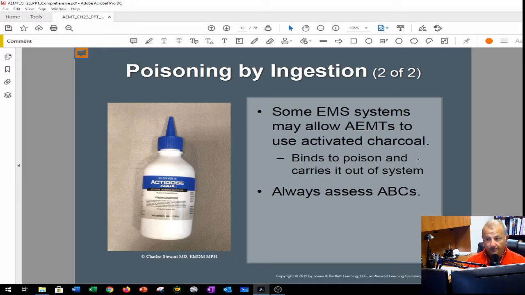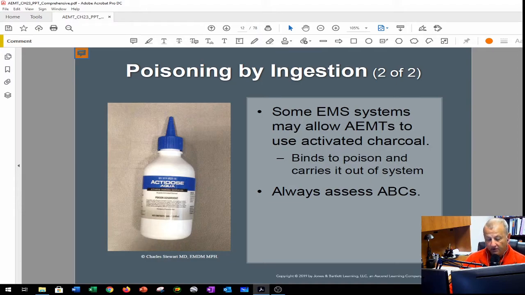The problem is that anytime somebody takes an overdose of medication, if they react to it in a way where they become drowsy or unconscious, then we have an airway problem and we have somebody vomiting, and that's not good. That's the biggest reason why that medication is out.